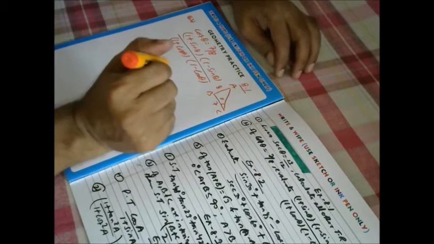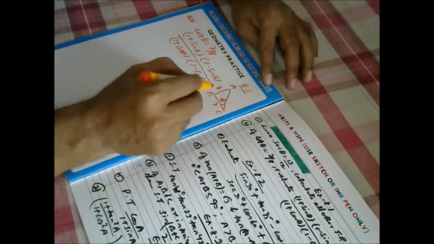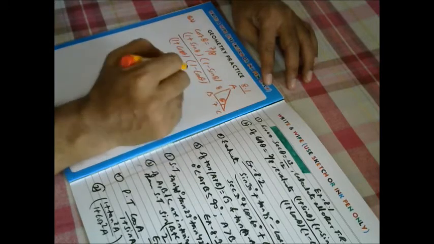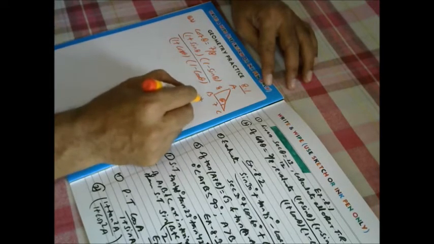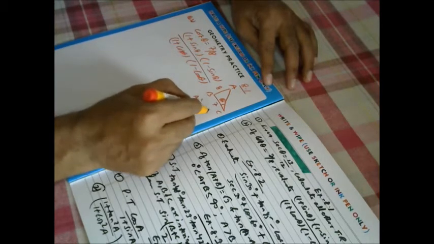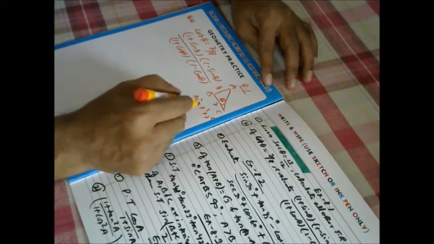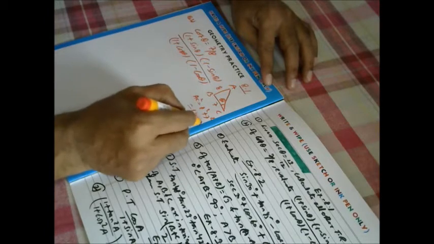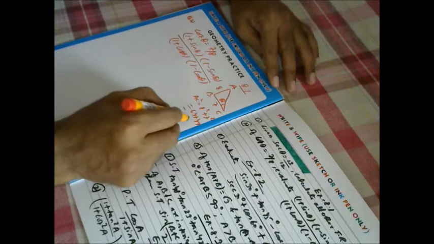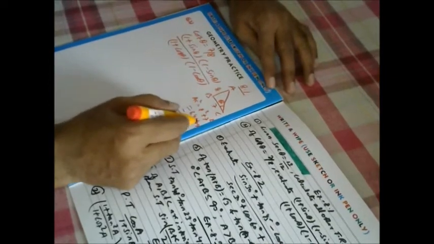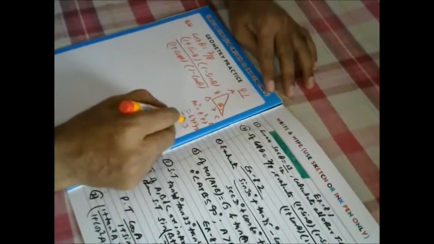Now we need to find AC. AC square is equal to 8 square plus 7 square, so 64 plus 49.